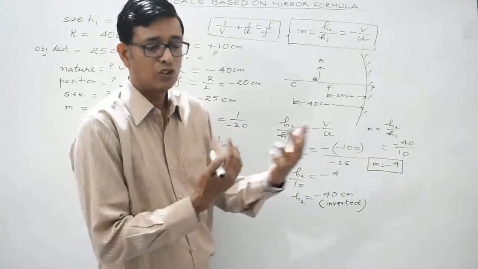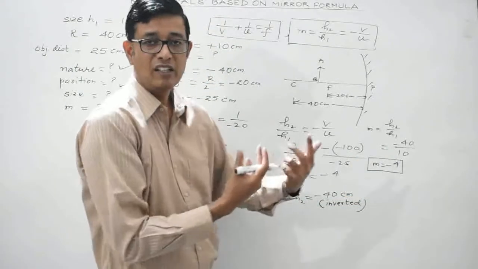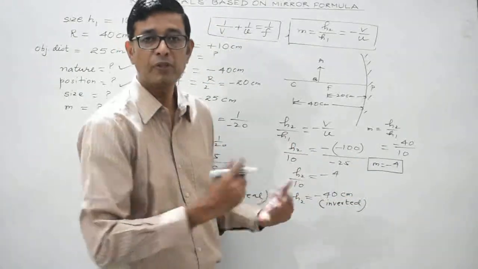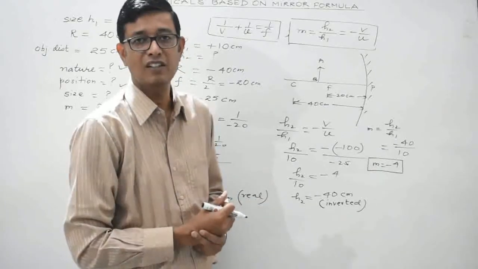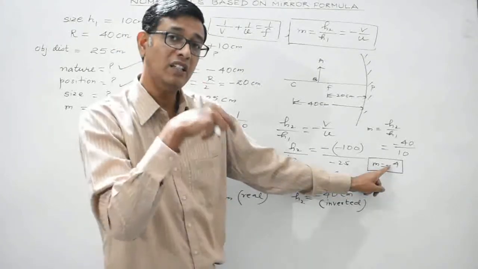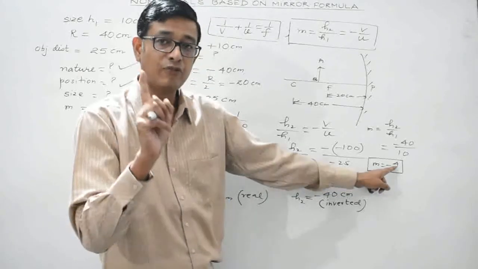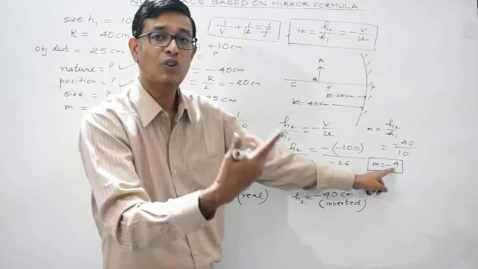You can tally your theoretical knowledge with the mathematical result obtained. If they correlate with each other, then the answer would be perfect. So you can cross-check your answer basically. So the minus sign indicates that the image obtained is inverted. 4 indicates that the size of the image is 4 times the size of the object.